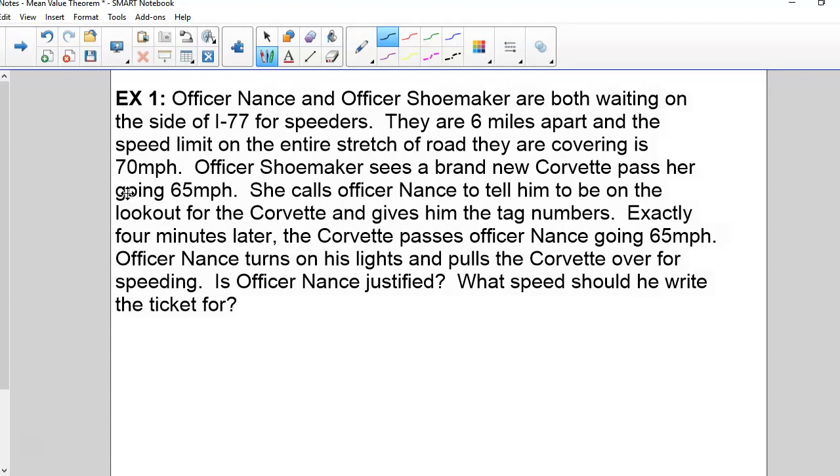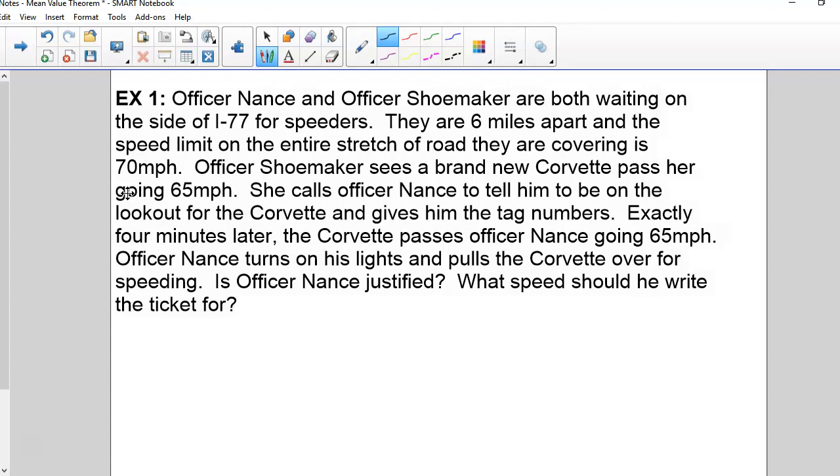Obviously this sparks outrage because he was going 65 at the point that he passed the first cop. He was going 65 at the point where he passed the second cop. He was not speeding at those times. But did he speed in between? And can we prove it?